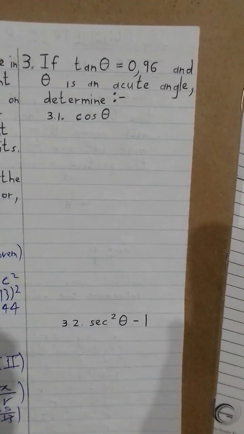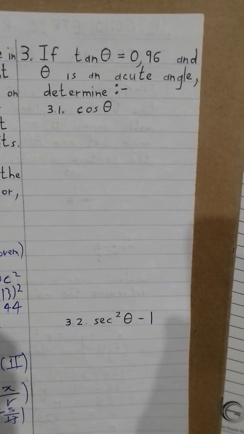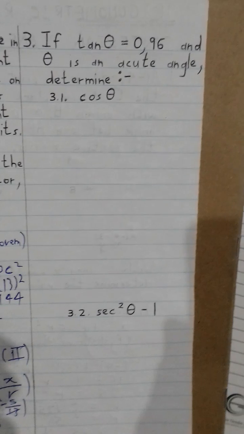Number 3 states, if tan theta is equal to 0.96 and theta is an acute angle, determine 3.1, cos theta.